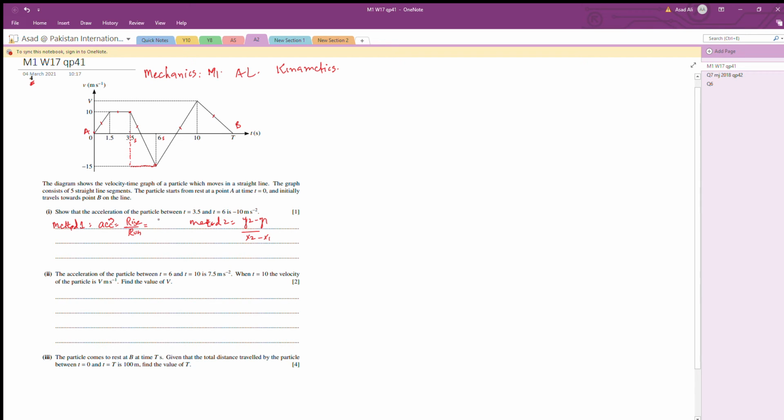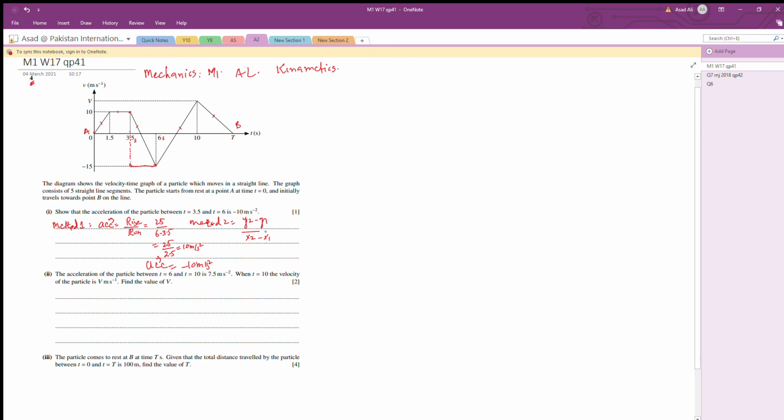And the run is 6 minus 3.5, so the result is 25 over 2.5, which is 10 meter per second square. But basically this is deceleration. When they say acceleration, it should be minus 10 meter per second square. That's the first part with method 1.